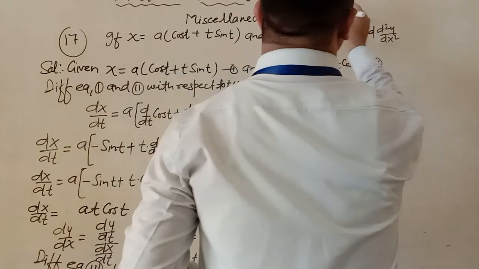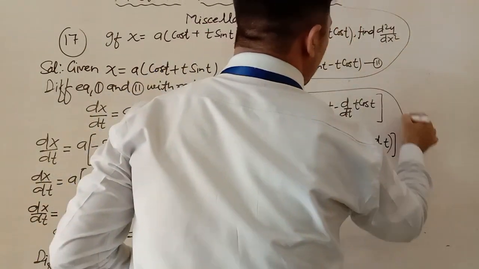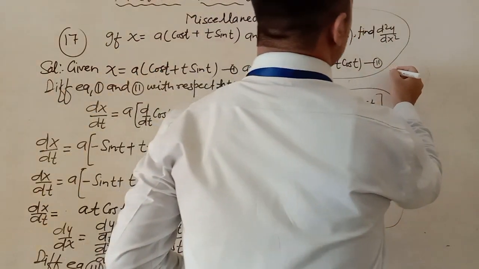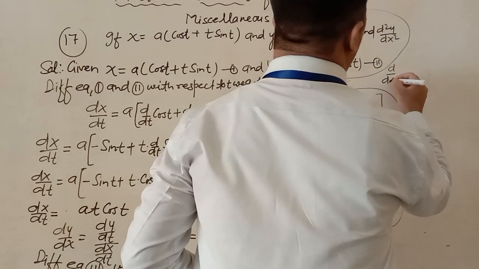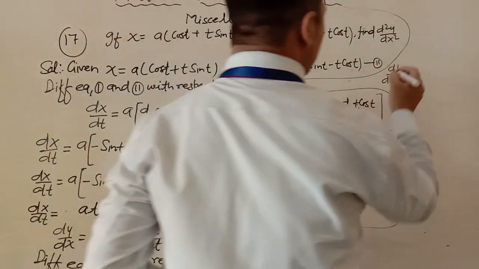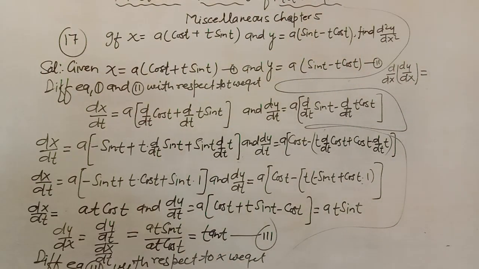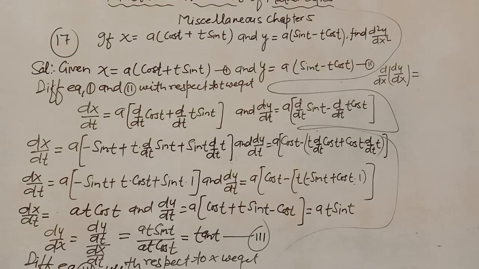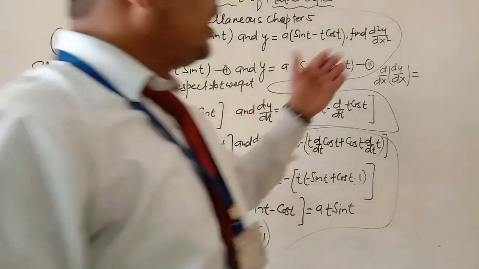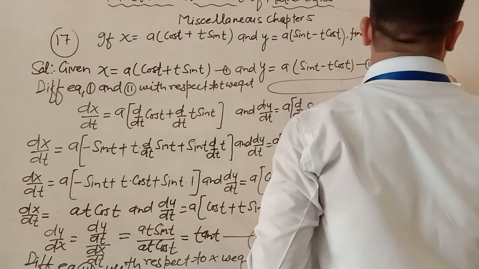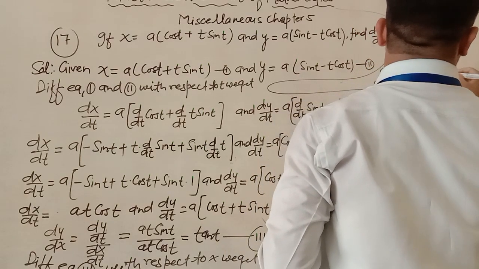So, students, this is d by dx of dy upon dx, which is equal to d by dx of tan t.